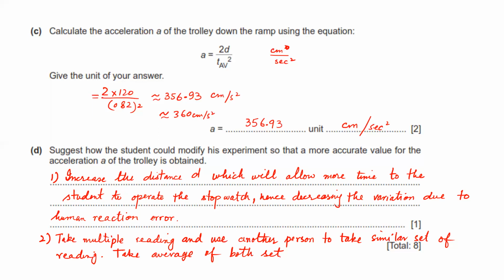So take the average of both sets and use the consolidated average. So once you have T average for set one and T average for set two, use a consolidated average, T average as set one plus set two divided by two.